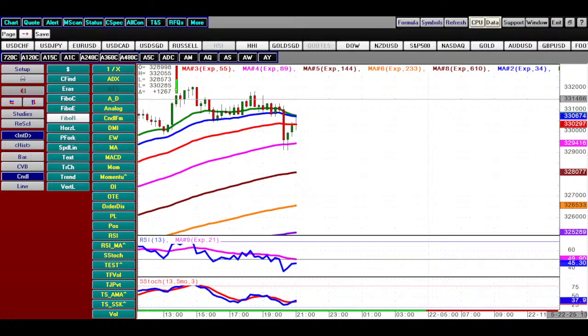TP I'll give later. Let's key in this order first, then we will move on to the next trade.